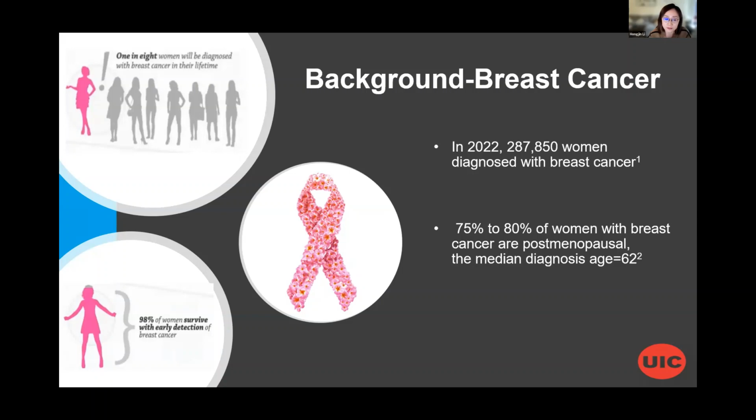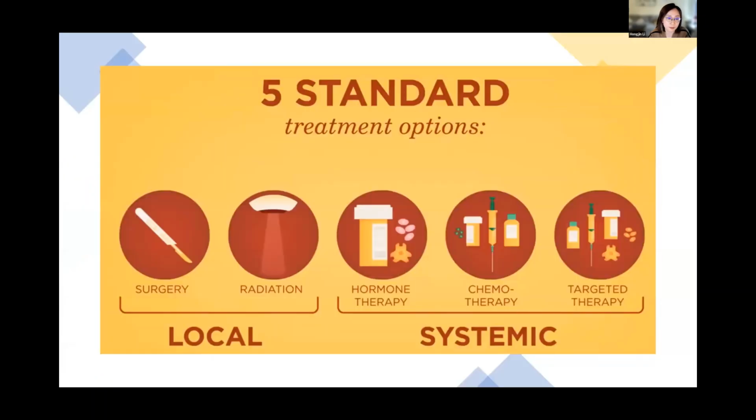Therefore, as a nurse, survivorship and cancer symptom management become important because patients are surviving longer. Usually, women with breast cancer will have local treatment, which is usually surgery and radiation. After that, they will go through systemic treatment like hormone therapy for 5 to 10 years, chemotherapy, and targeted therapy.